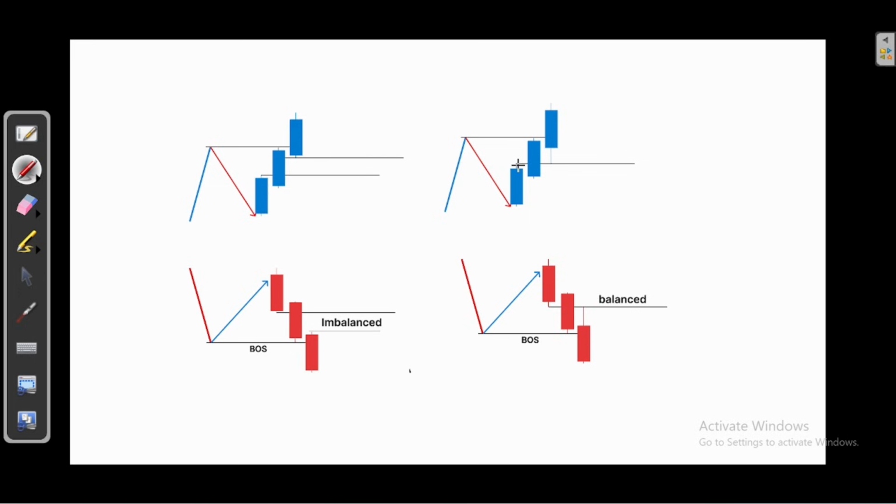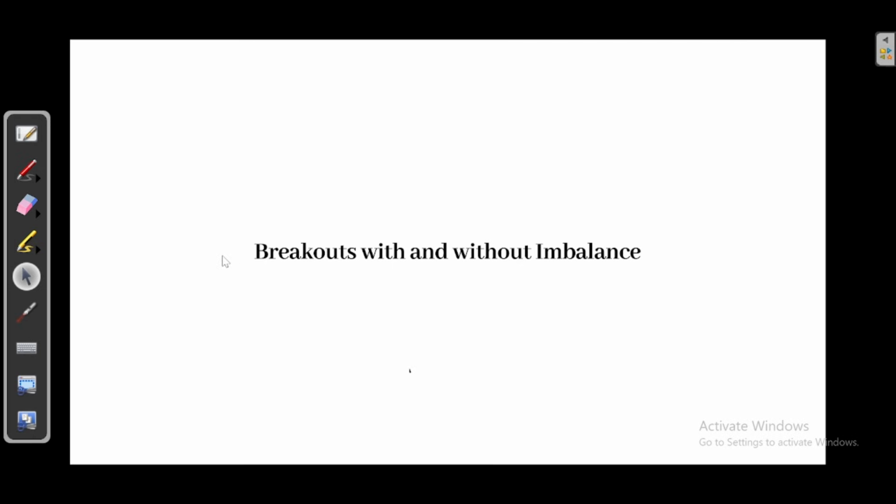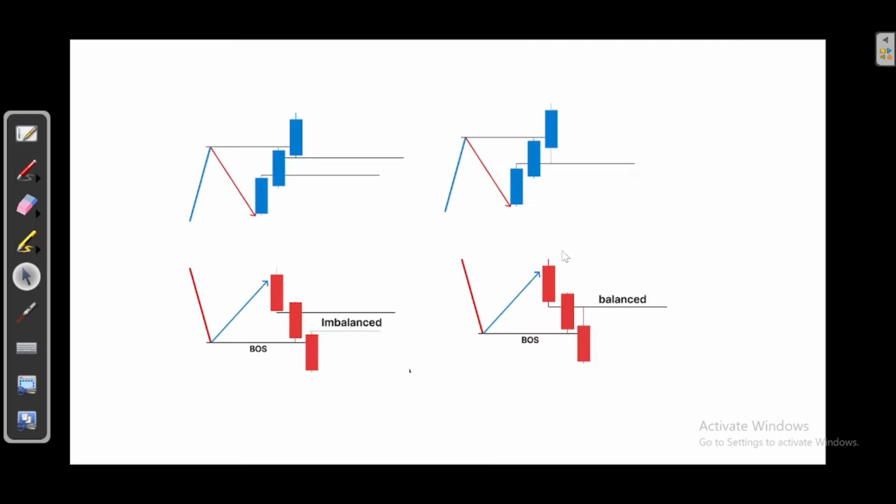Look at this. You can see that the high and the low of this touch, so that place has been filled, it is balanced. The high and the low of this place is filled. It's already balanced.